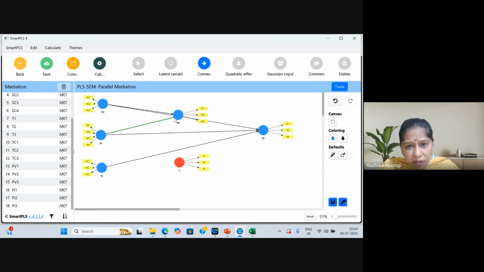Connect SC with PV. Connect TC with PV. Then PV should be connected to PI. Do this. Now all three will be connected to T also. AC with T, SC with T, and TC with T. And T should be connected with PI.